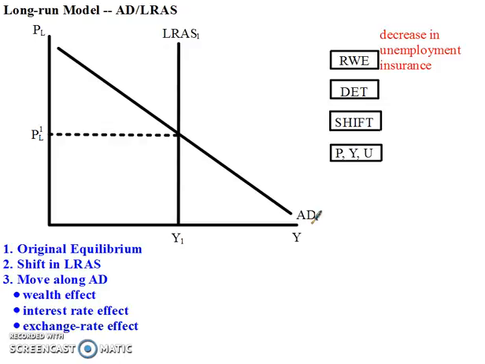And the things that shift the long-run aggregate supply curve were all the things that shifted the production possibilities curve. They were things like changes in labor, land, capital, entrepreneurial skills, or technology. So we have to take this real-world event and say which one of those determinants we think it matches up with.